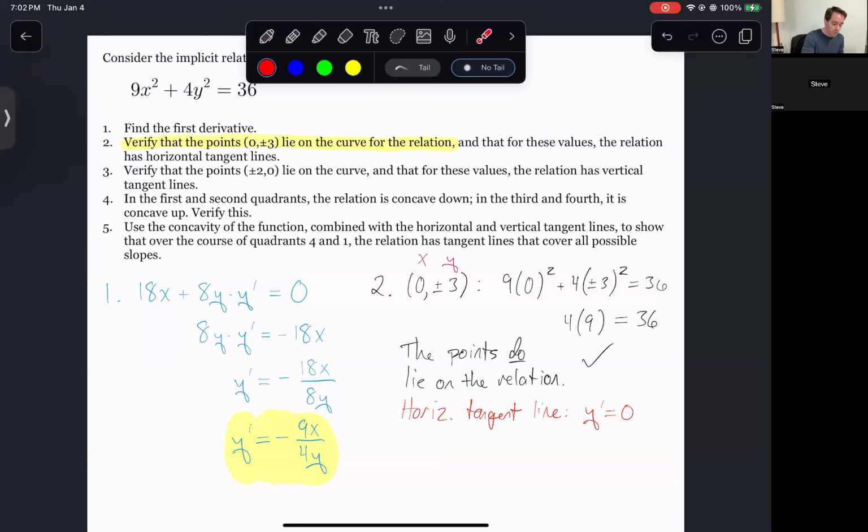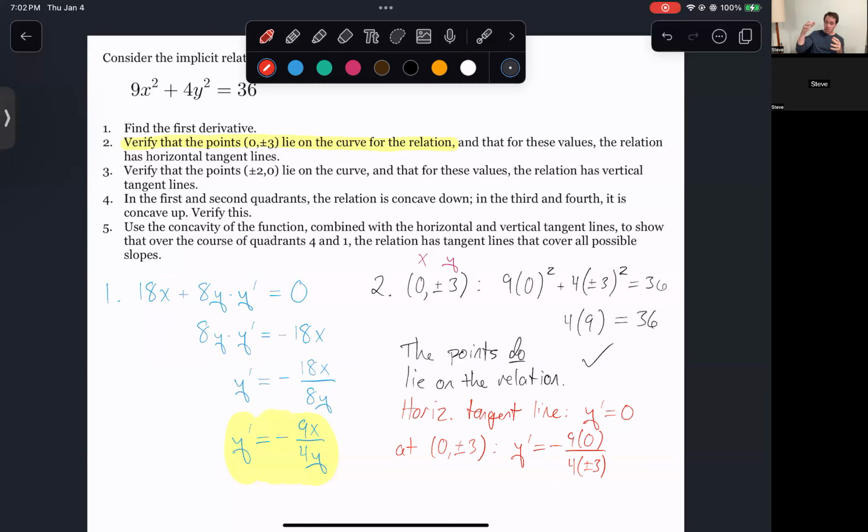We have a formula for y prime. It is negative 9x over 4y. So at 0, comma, plus or minus 3, y prime will be equal to negative 9 times 0 over, well, again, we kind of luck out because ordinarily we would need to test it twice, but the top of the fraction is 0 in both cases.